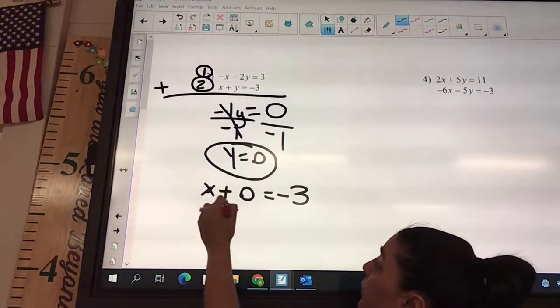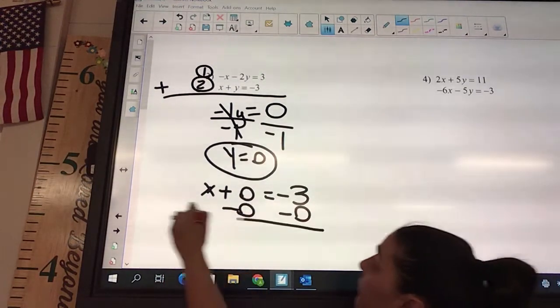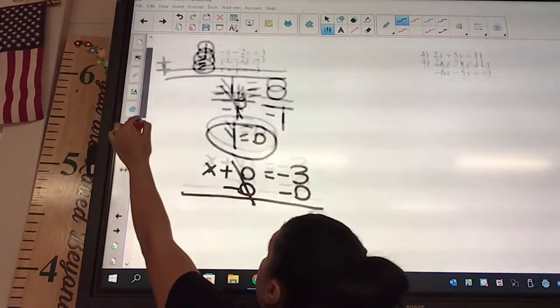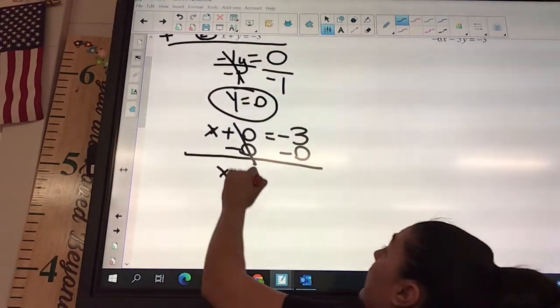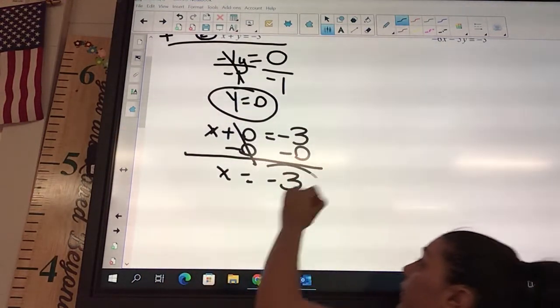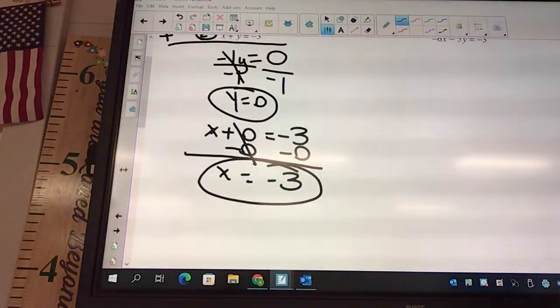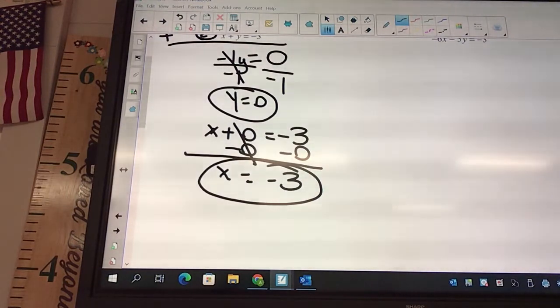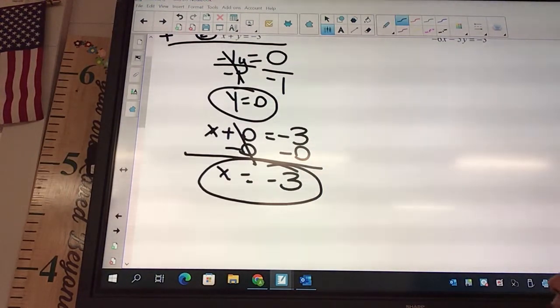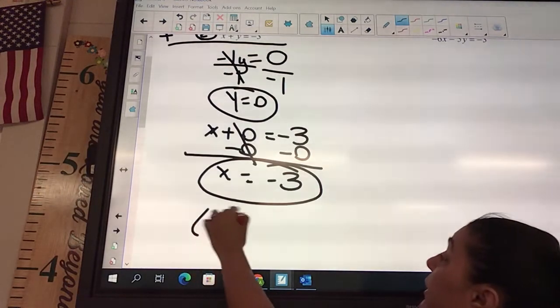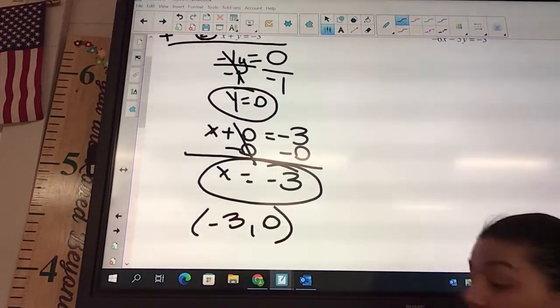If you want to, you can subtract 0 from both sides. You don't need to because it's not going to change anything, and then you're going to get x equals negative 3. So it should look like negative 3, comma, 0.